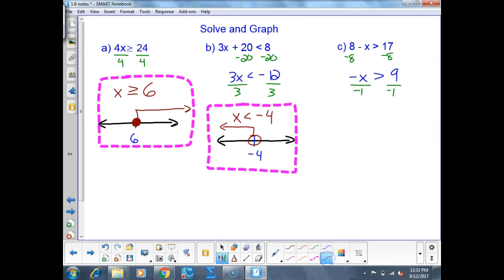I got to flip my inequality because I am dividing by a negative number. And that gives me that. Only number I care about is negative 9. I want open circle, and I want to go to the left.